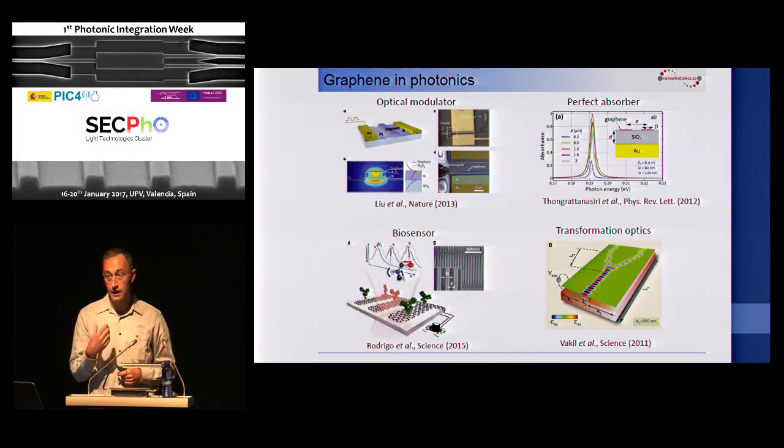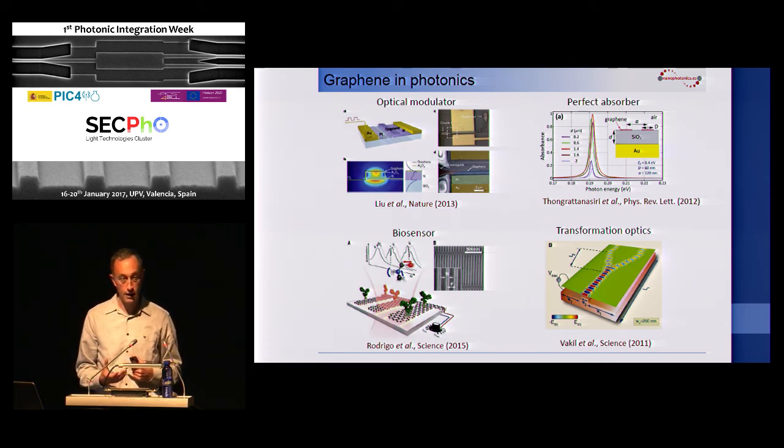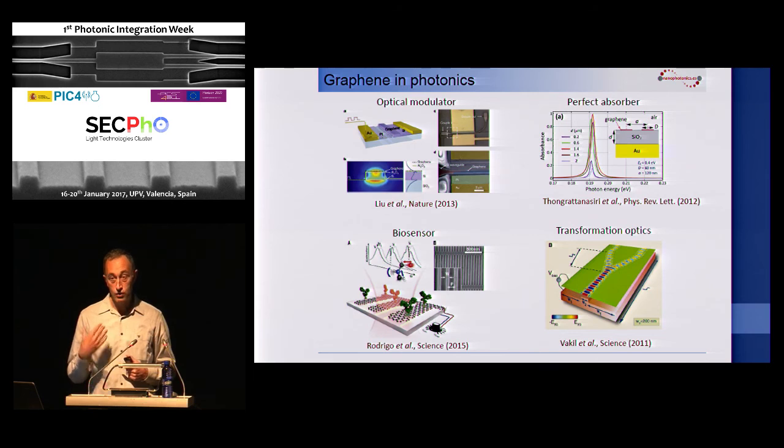So you can gate it. And why can you gate it? Because graphene has a surface carrier density which is comparable to the surface density you can achieve with typical breakdown fields of silica. So you can really use microelectronics, FET transistor concepts, to change the properties of graphene, right?